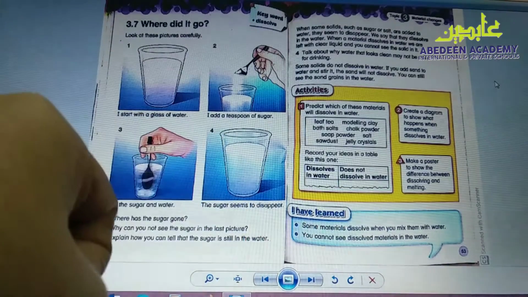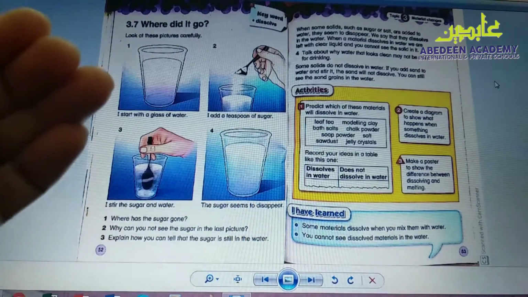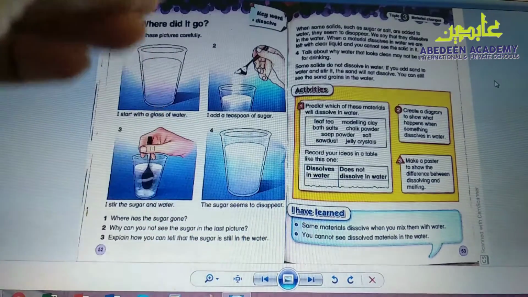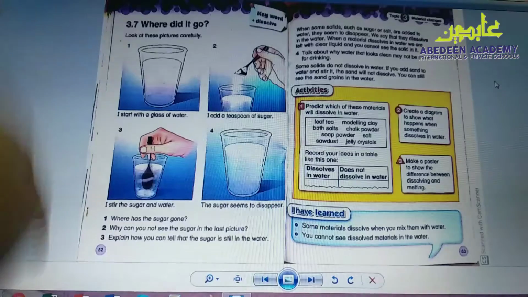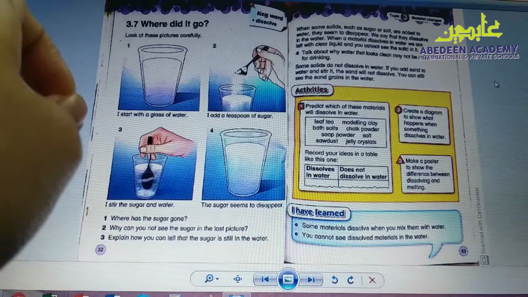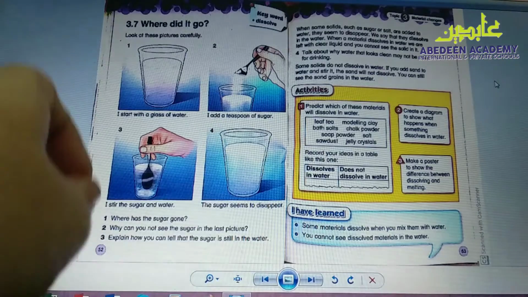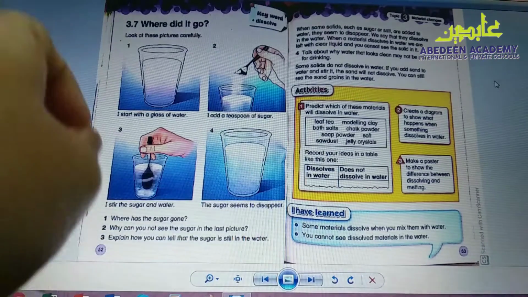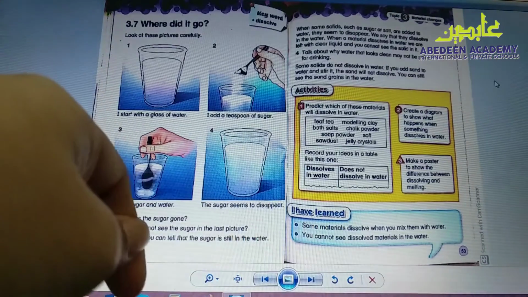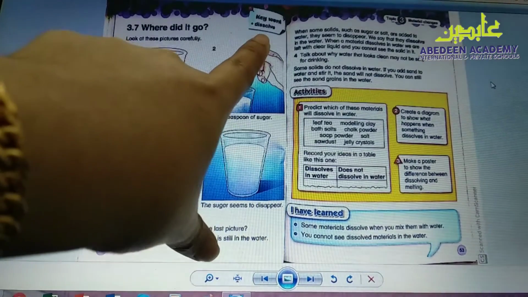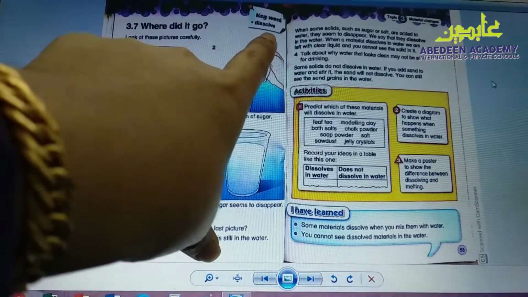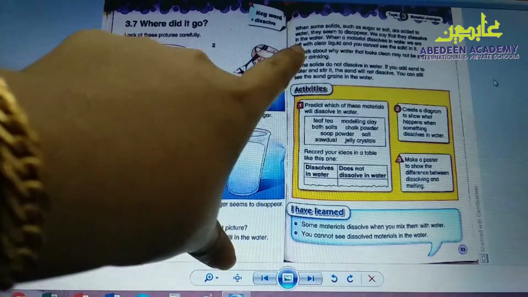Alright, now sugar is a powder. Sugar is a material that can be heated. When you heat it up, it will melt. Same thing when you put it in water, we call the action dissolve.